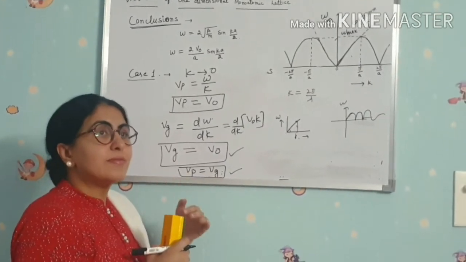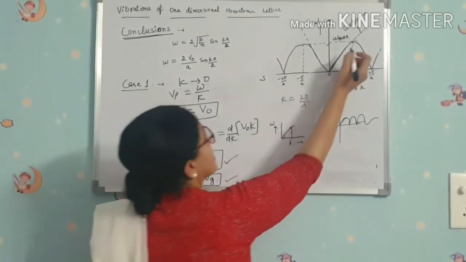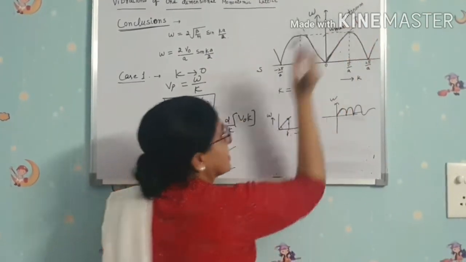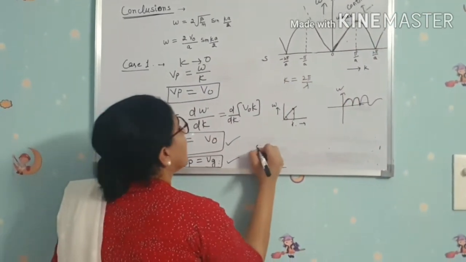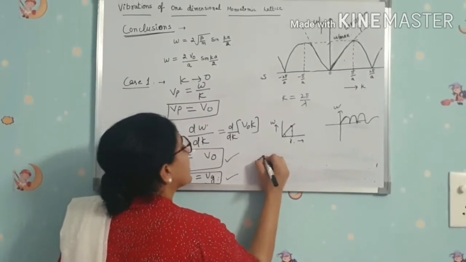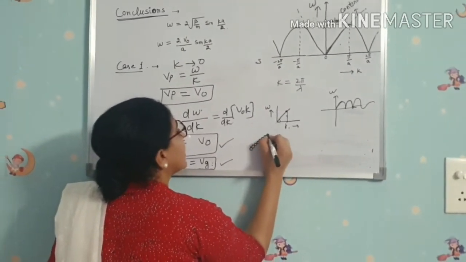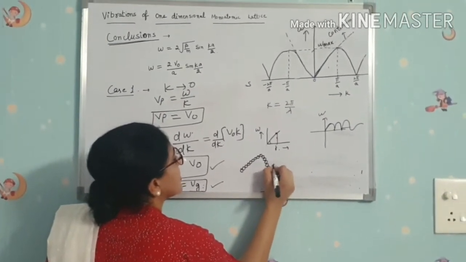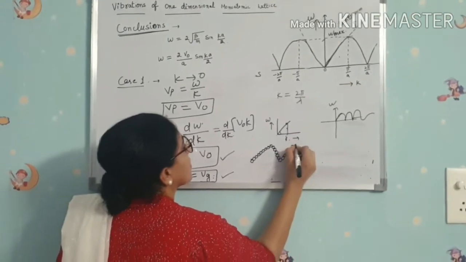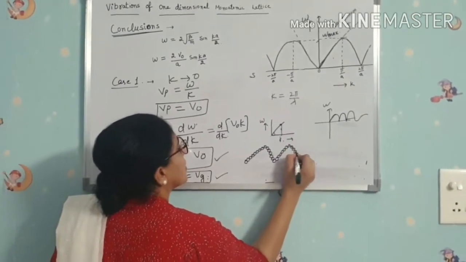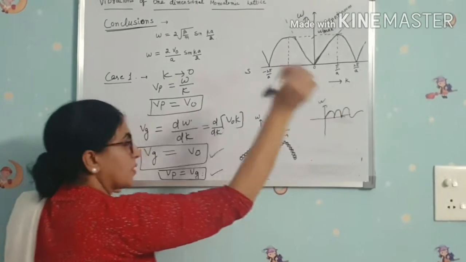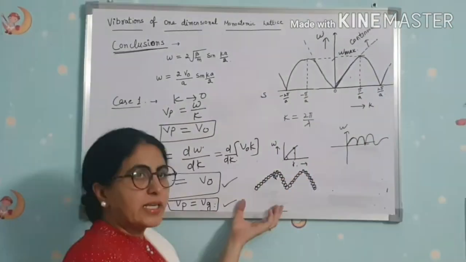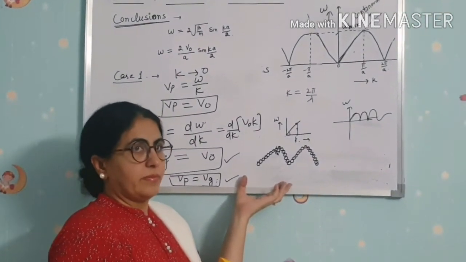In the graph, the atoms are very close to each other like this. So the lattice behaves like a continuum.